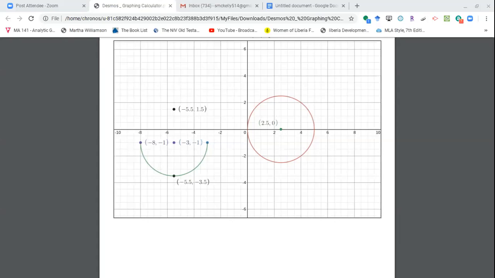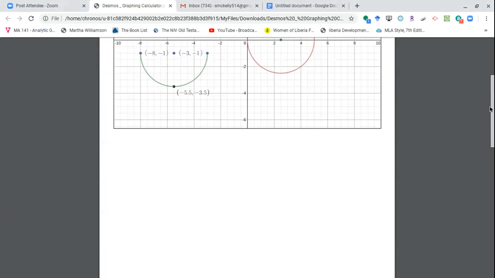They're endpoints of the bottom half, but they're still on the circle, correct? Yes. So you're finding the middle. So I need the x coordinate of the center. All I did was find the midpoint of that, I see. So that was -11 halves.